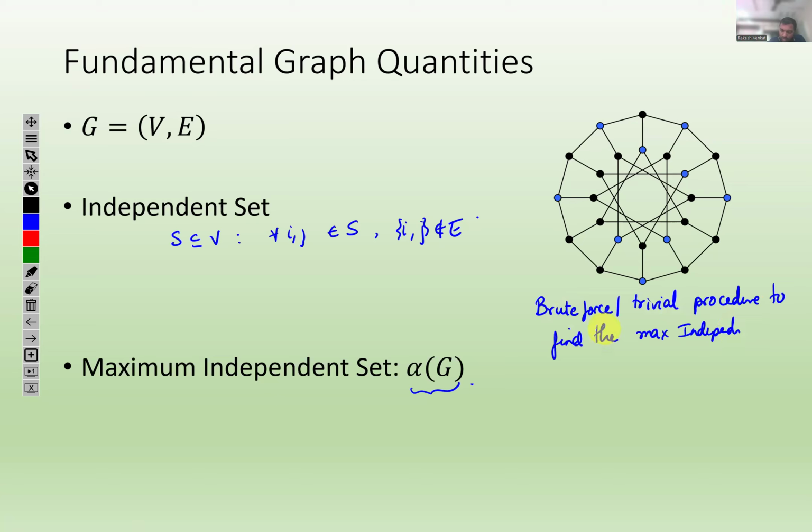So I should be careful. You can have multiple maximum independent sets. So what would be one way to find a maximum independent set in the graph?